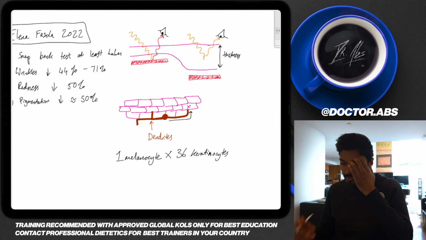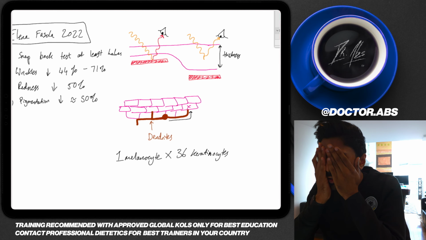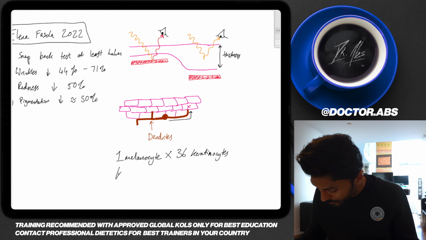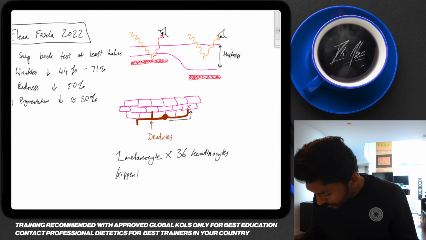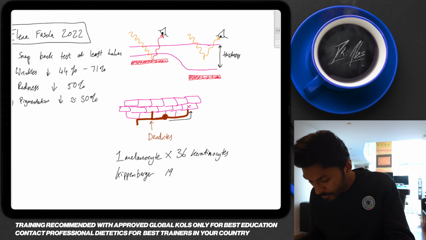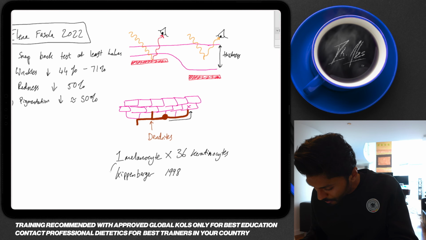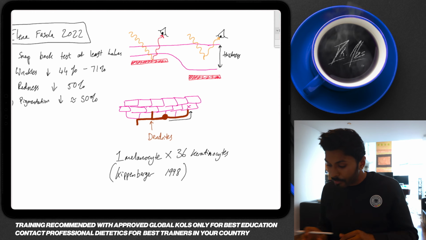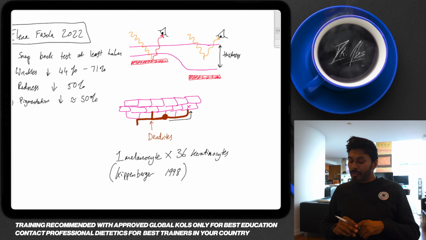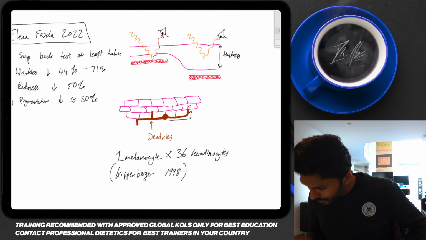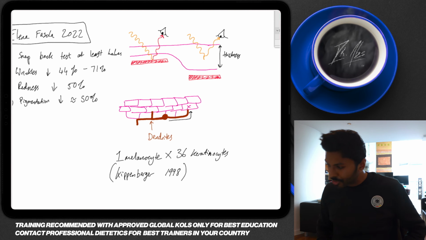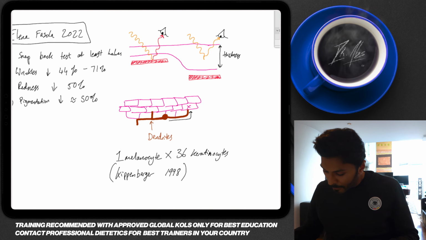And the reference is Kippenberger, 1998. I believe it is in German though. Oder Kippenberger 98. How do you say that? Kippenberger 98, wenn Sie sprechen auf Deutsch.